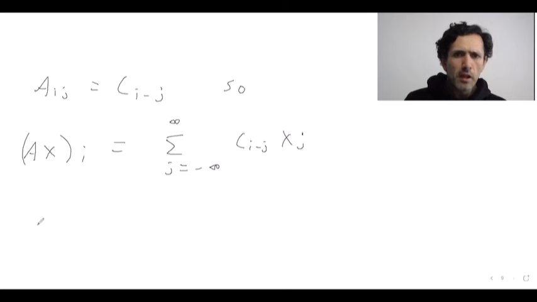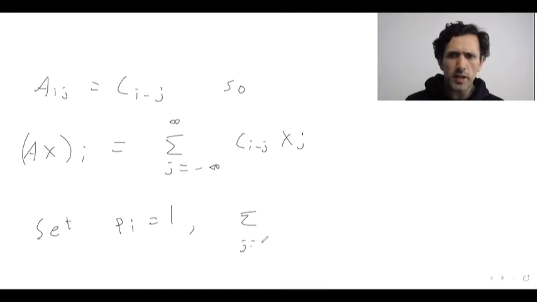Okay, so this is an example using the Schur test, where we set all the p_i to be 1.